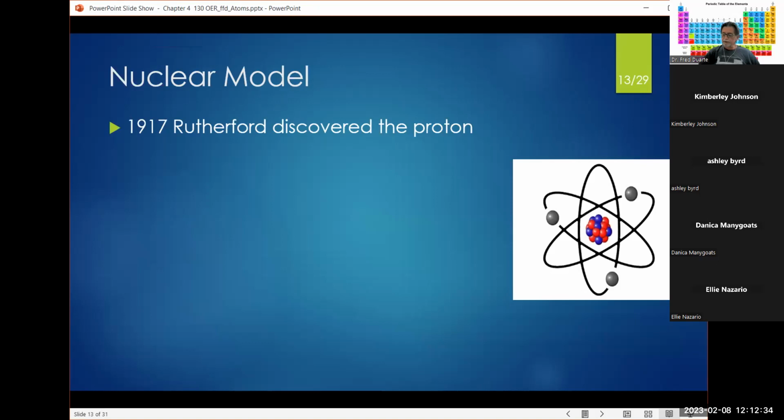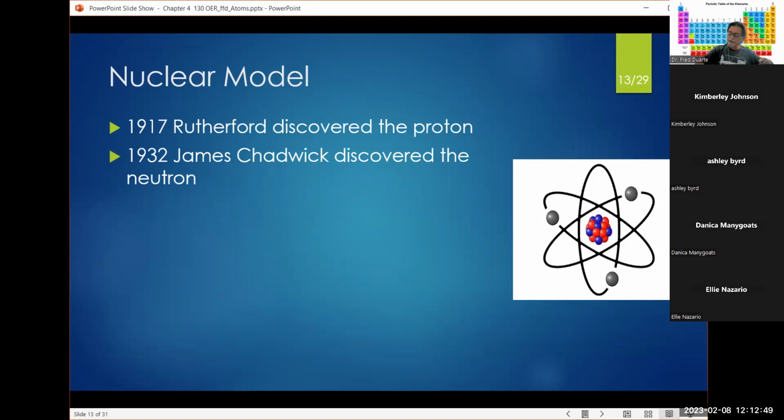And so in 1917, Rutherford is credited with the discovery of the proton. We have JJ, 1907, roughly, the turn of the century there, 1900s. He's credited with the electron, but the neutron really wasn't discovered until the 1930s, again, by another English scientist, James Chadwick, okay?